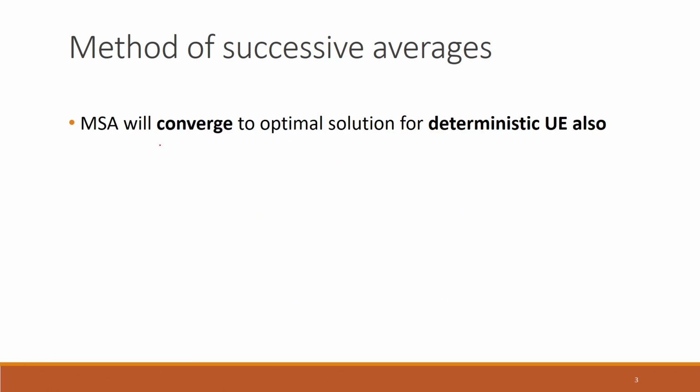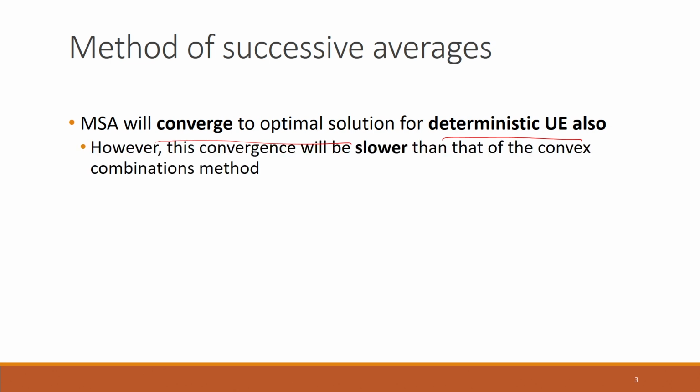So, this method of successive averages will also converge to the optimal solution even if we use it to solve the deterministic user equilibrium problem rather than using the convex combination method that we had seen before. However, the convergence of this algorithm will be slower than that of the convex combination method. Okay, and that is the reason when we had discussed the deterministic user equilibrium problem, we had specifically introduced the convex combination method.